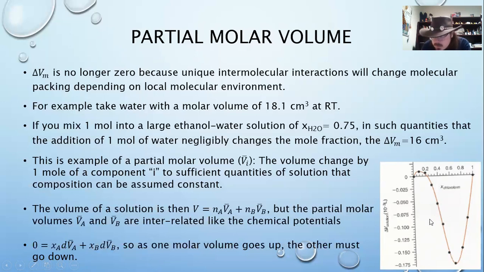Vice versa. So here's the mole fraction of chloroform in, I'm not sure what type of solution that is, but as the mole fraction goes up, how does the partial molar volume change? At low amounts of chloroform, we see slightly greater than what you would expect.